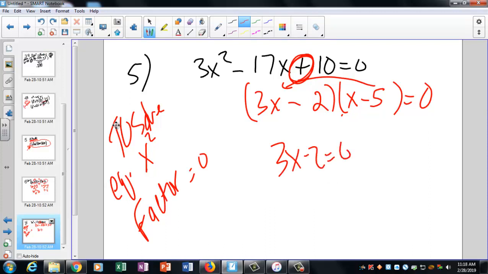Set each piece equal to 0. By the way, that's the same problem we just did. That's a little like Run DMC right there. That's a little tricky. All right. x equals 5 and x equals 2/3. Just rewind it if you want to see it worked out from there. All right. Any questions on that?